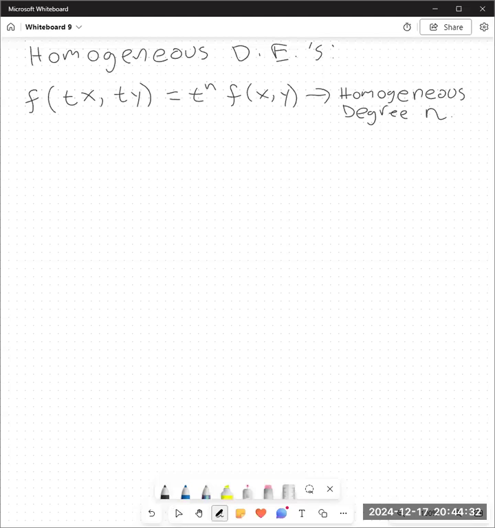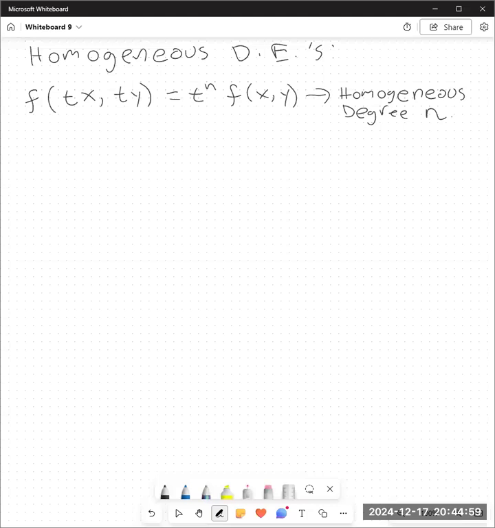All of the examples that I'm going to work right now are going to be separable differential equations. That does not mean that it will always work out that way, but many times they will turn out to be separable differential equations. That should be the first thing that you're looking for. If you can't make it separable, then check to make sure that it isn't linear.